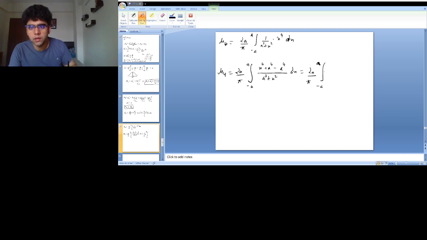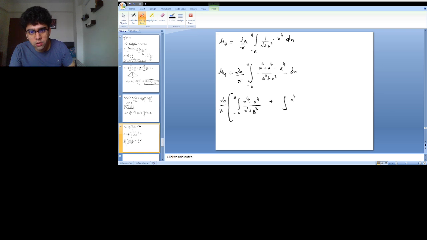And now separating the integrals, so just writing this here again, 2a upon pi, integral from minus a to a of x to the power 4 minus a to the power 4 upon x square plus a square, plus a to the power 4 upon a square plus x square dx, and my limits are minus a to a.